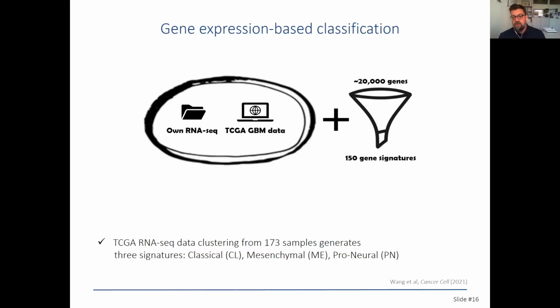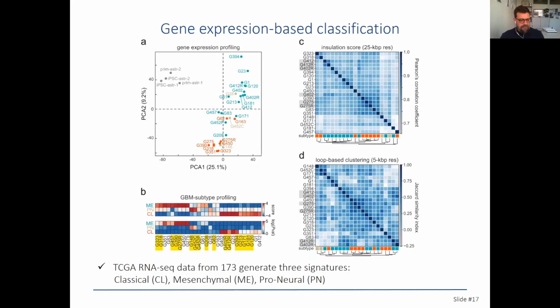Now, what one could do, and this has been done for other types of cancers, is take the gene expression subtypes of these types of cancer, and there are 3 well-known signatures for glioblastoma: the classical, the mesenchymal, and the proneural. So what you can do is RNA sequencing of these tumors and classify them in the different categories.